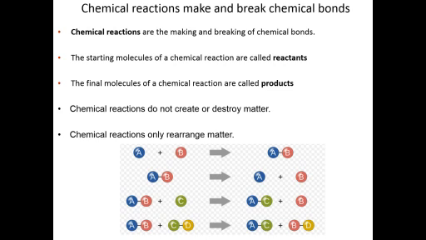Alright, so looking at chemical reactions, the making and breaking of chemical bonds. In chemical reactions, you have reactants, whatever you're starting with, and the products, what you're trying to form. Now, there's this law of conservation of matter, which states that matter cannot be created or destroyed.